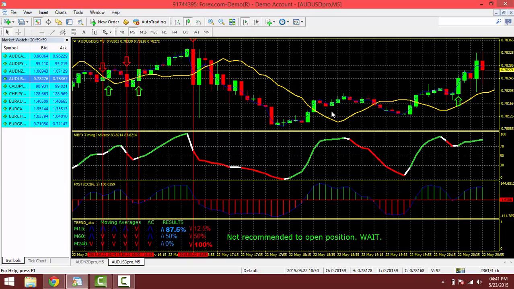Since I'm looking for puts here, I'm looking at these 3 arrows as they come out. First of all, this top arrow, the first one, I would not have even considered at all. Because when this came out, my MBFX is going upwards, so there's no point of me even considering it or hoping there's going to be a hard reversal right here.